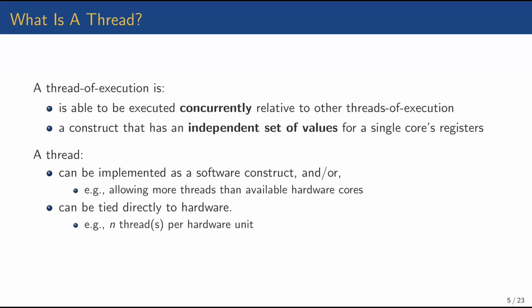Now, some threads are tied directly to hardware, like GPU threads. I'm generalizing here. I'm not going to go specifically into nuanced topics of GPUs, but those threads are tied directly to hardware. So you have exactly N threads available for that specific GPU hardware. Whereas with software created threads, you can have as many as you want.